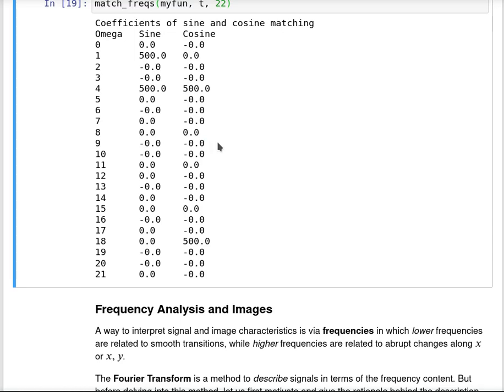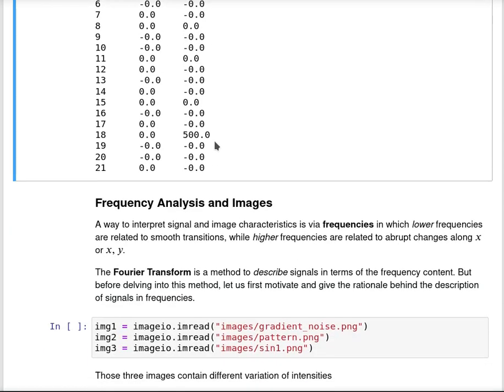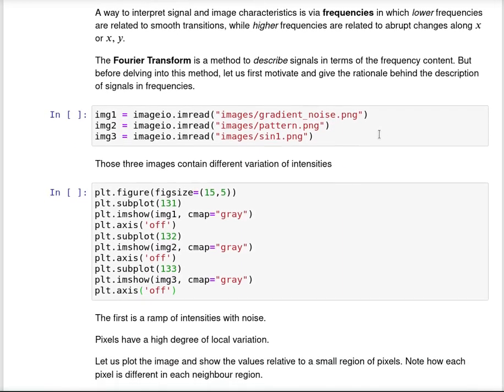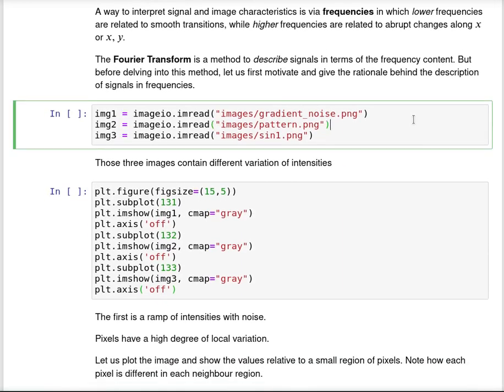While if the image has higher frequencies, this means that the image has abrupt changes in the intensities. That means, for instance, a texture or a noise. I'm going to show a few images and a few examples of those.